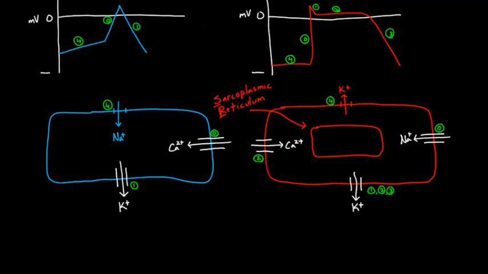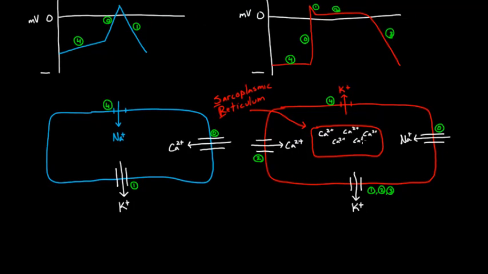Well, this sarcoplasmic reticulum, I think of it as an organelle basically. It's sitting inside of a cell. It's an organelle, and this sarcoplasmic reticulum is a bag of calcium. Literally a bag of calcium. So this is sitting here with all these little calcium ions inside.